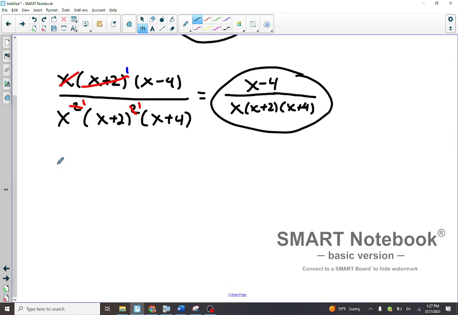So x squared plus 6x plus 5 over x squared plus 4x plus 3. Cross out the x squared? No. In this scenario, you have x squared plus 6x plus 5.